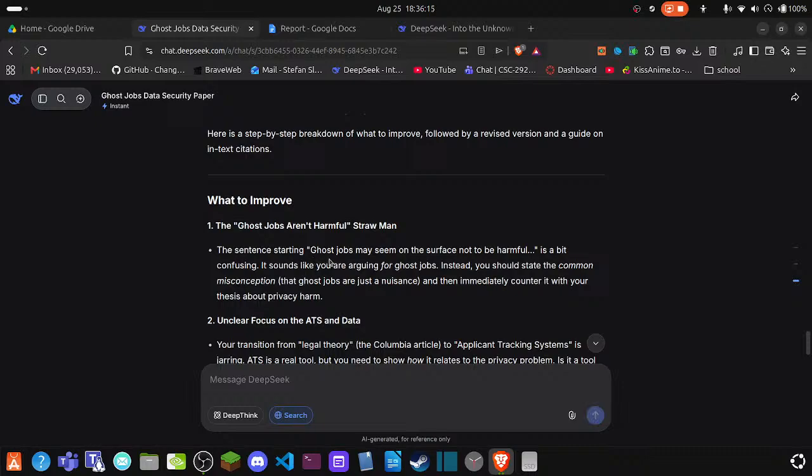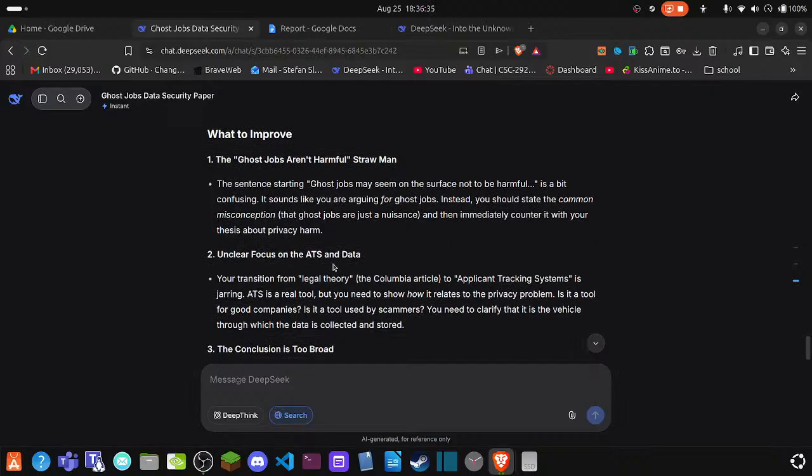Since starting with ghost jobs may seem on the surface not to be hard, it is a bit confusing. It sounds like you're arguing for ghost jobs. Instead, you should state a common misconception that ghost jobs are just a nuisance, and then immediately counter it in your thesis about privacy harm. Okay.